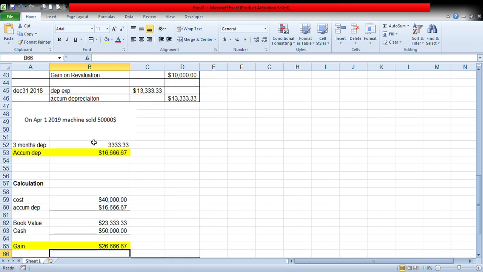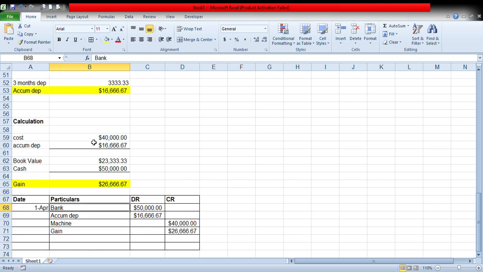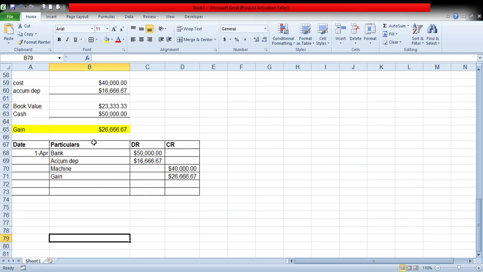So we earned a gain, because the cash is greater than book value. If the book value is greater than cash, we earn a loss. So we have earned a gain on sale. The entry is bank debit. But we have to calculate the depreciation as well. I forgot it.